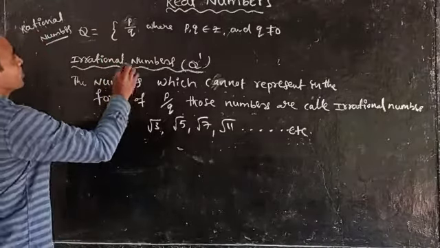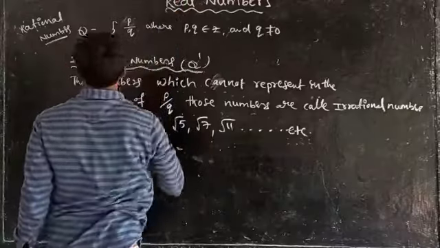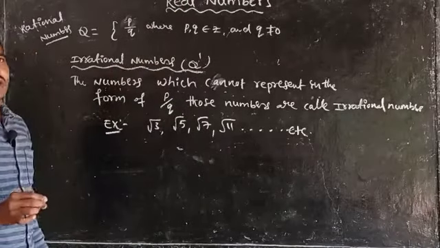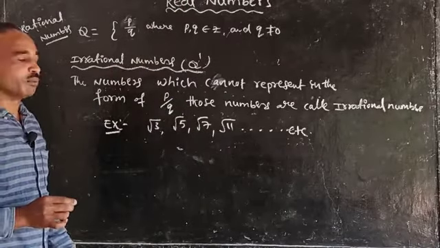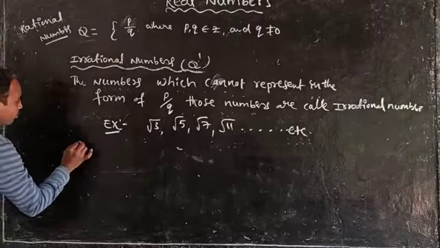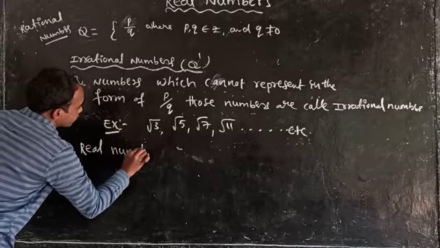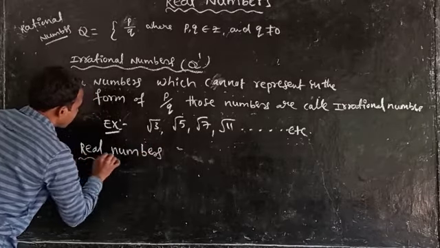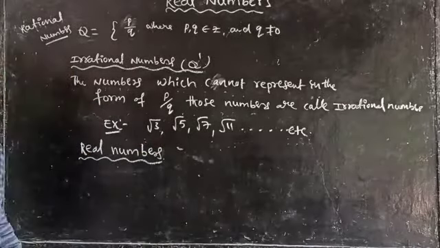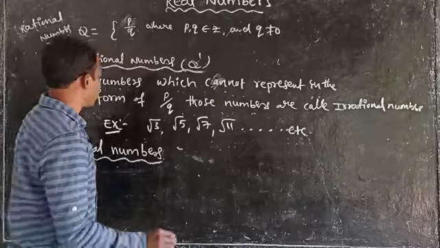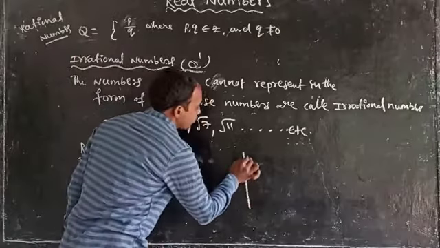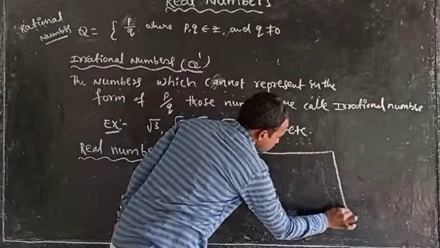Now coming to the chapter real numbers. Which numbers are called real numbers? For example, I am drawing a figure here so you understand. This is the square box.